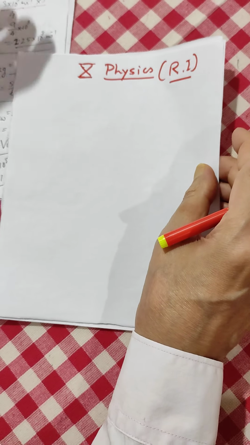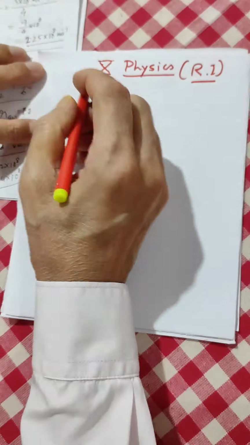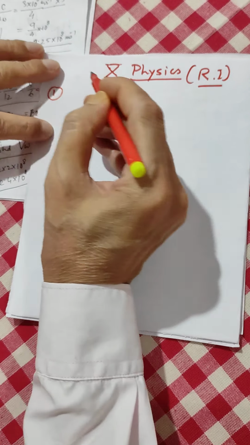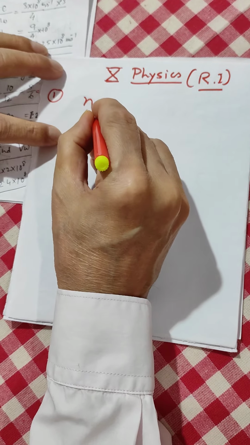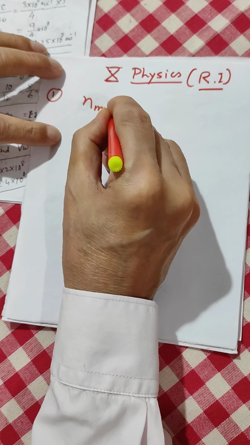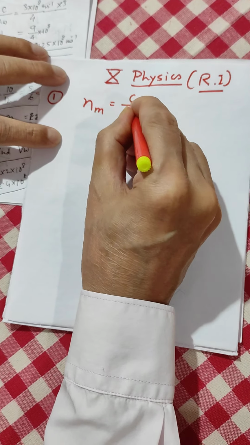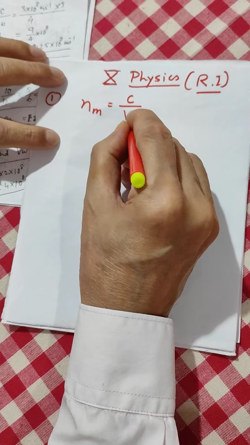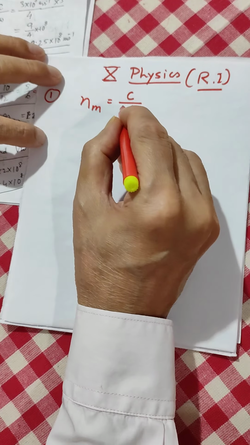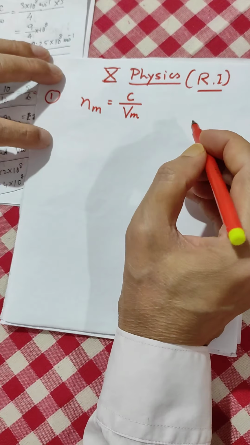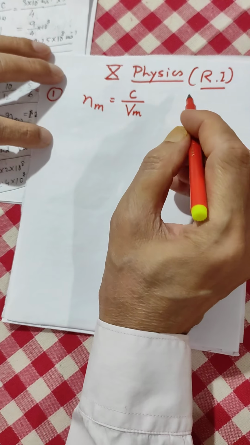Okay, now let us see firstly this one. Refractive index of a medium M is equal to C by velocity of light in that medium M. Now in my last video I gave you about 5 or 6 formulas, so this is one of those.